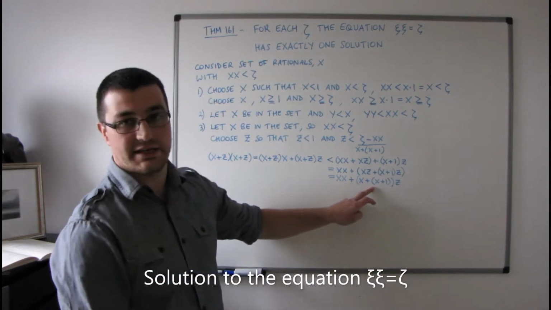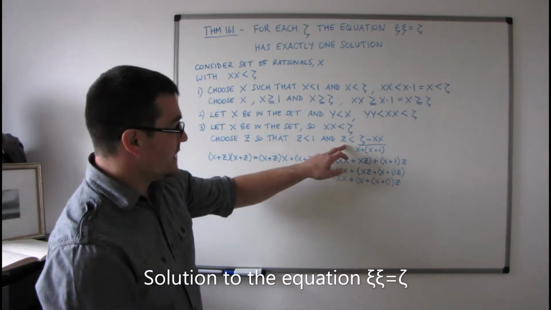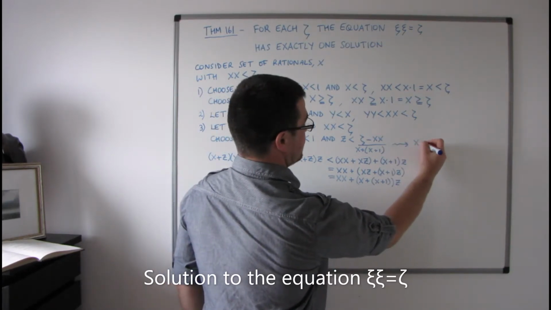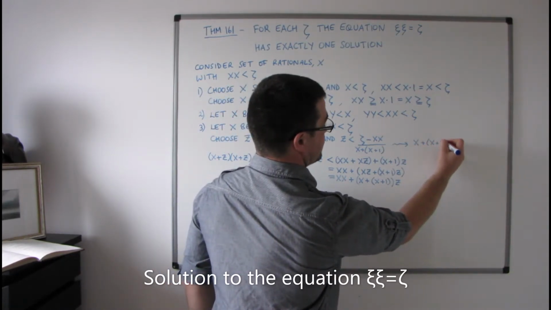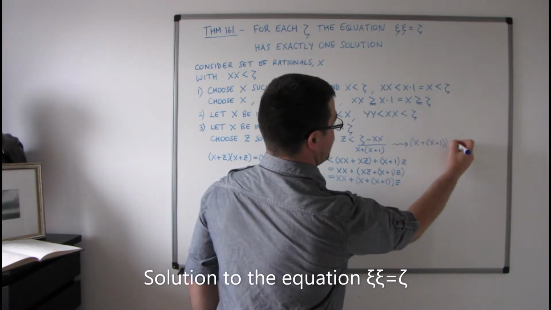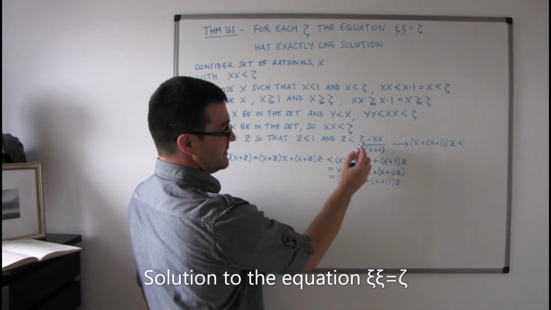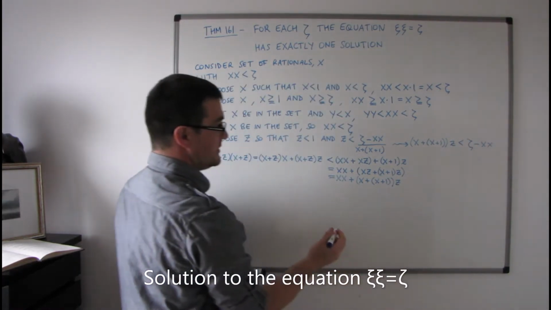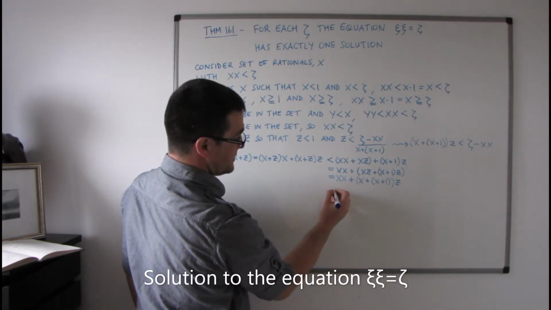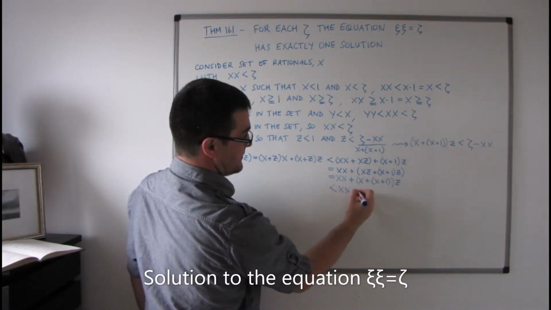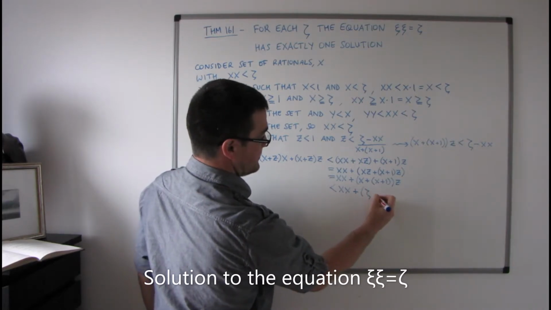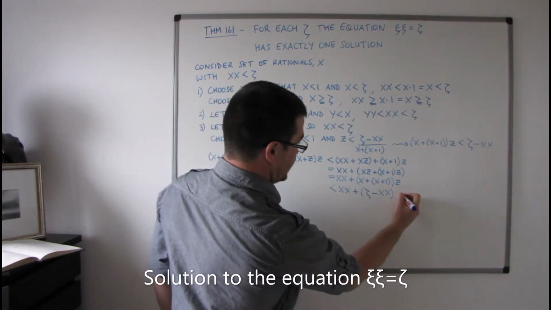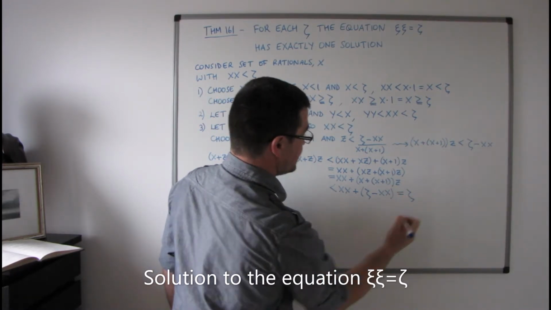So this x plus 1 times z, if you think about it from this here, we can say that x plus 1 times z is going to be less than zeta minus x times x. So, okay, that means that this is going to be less than x times x plus zeta minus x times x, which is equal to zeta.